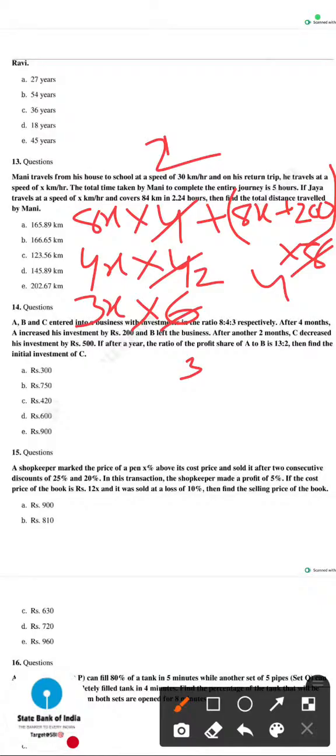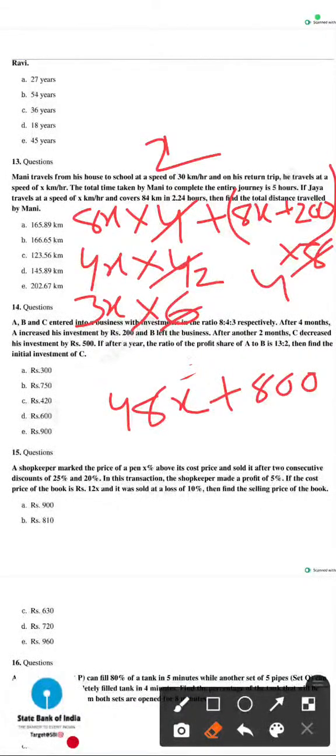So the ratio of x becomes 48x plus 800. Next, 2 times 8x, for y, 3 times will be 9x.